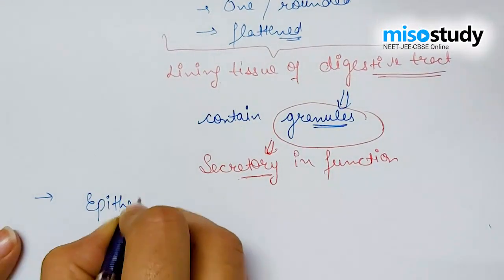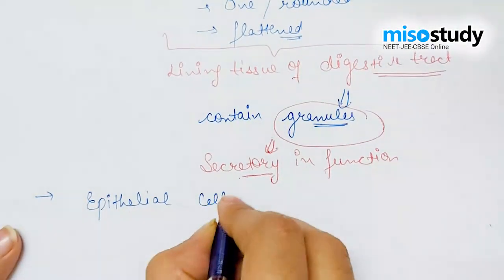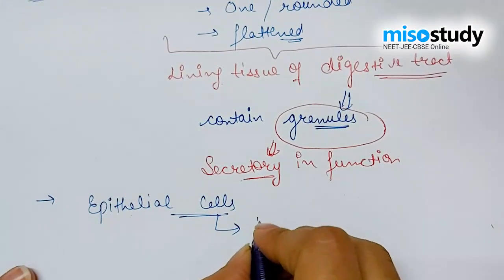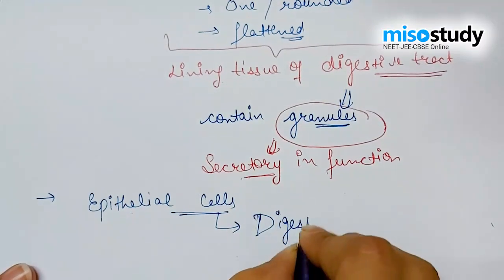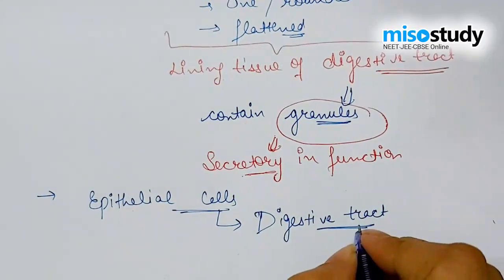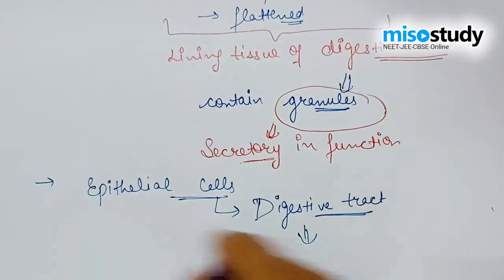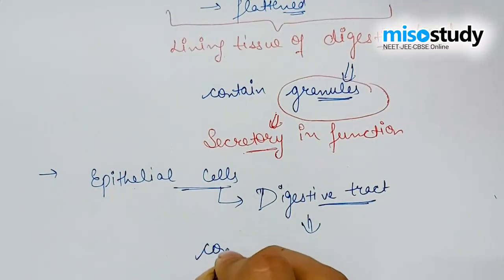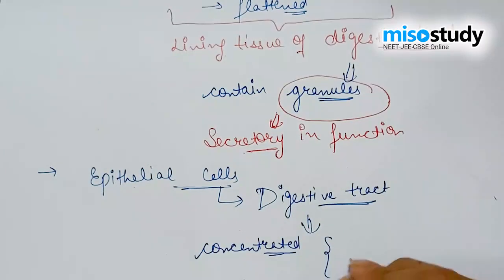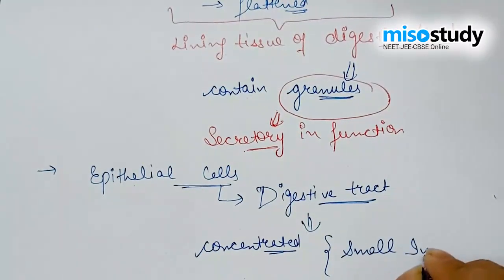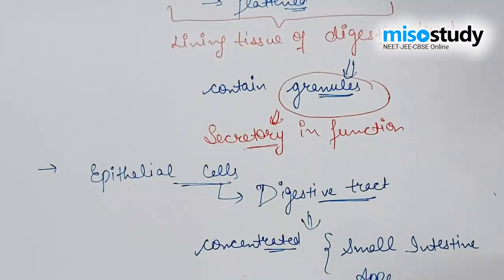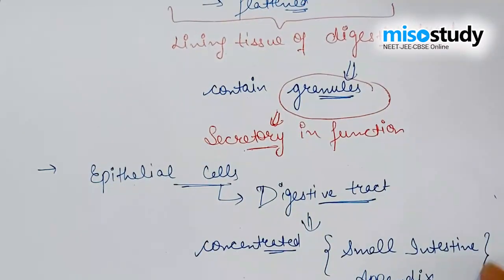The epithelial cells throughout the digestive tract are most concentrated in the small intestine and appendix.